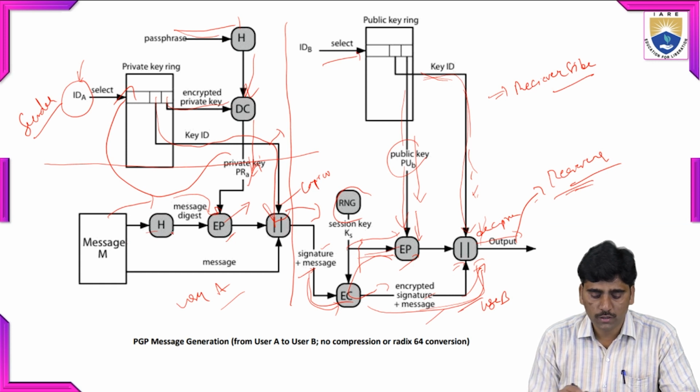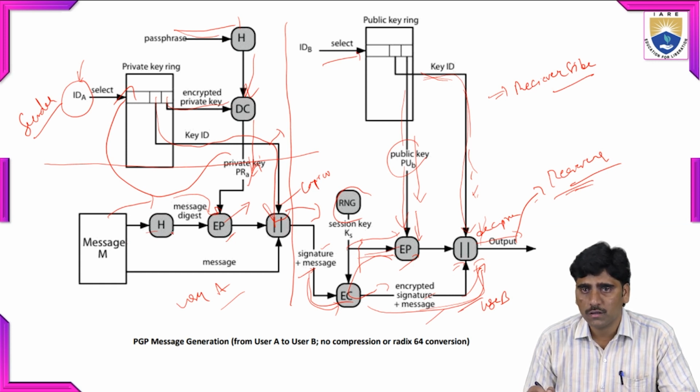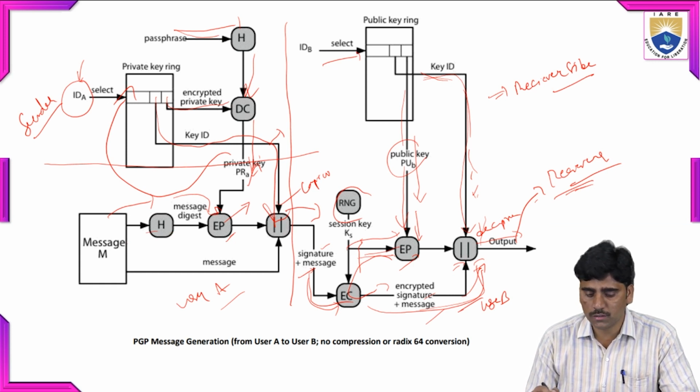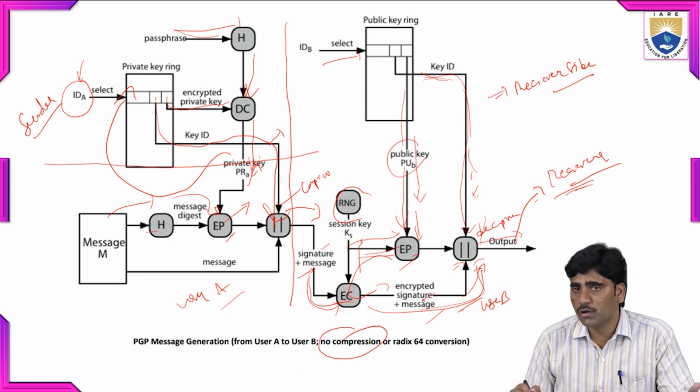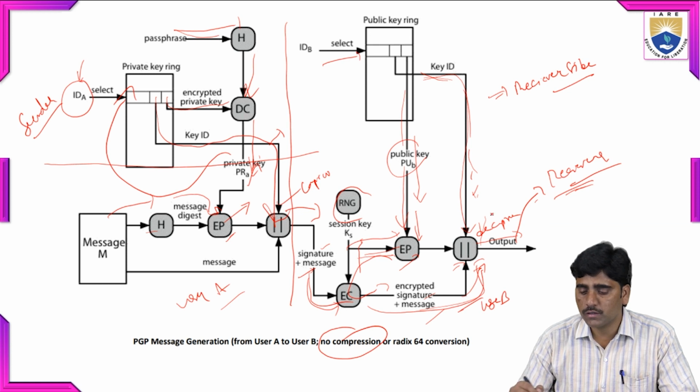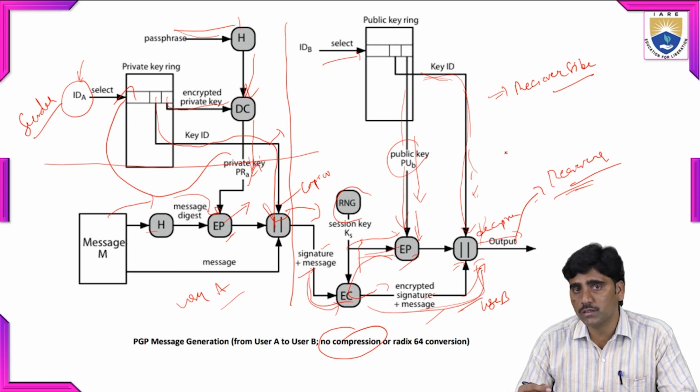This is the way PGP message generation works, without compression or radix 64 conversion, between user A and user B on the receiver side.